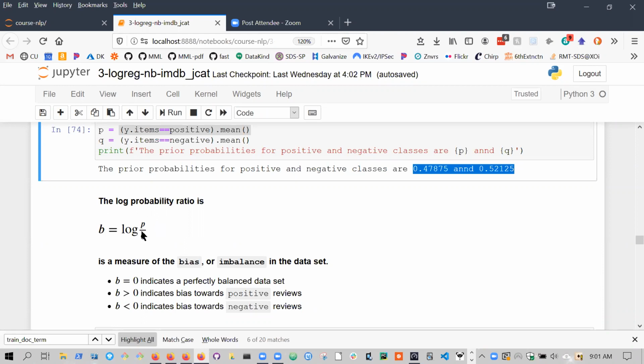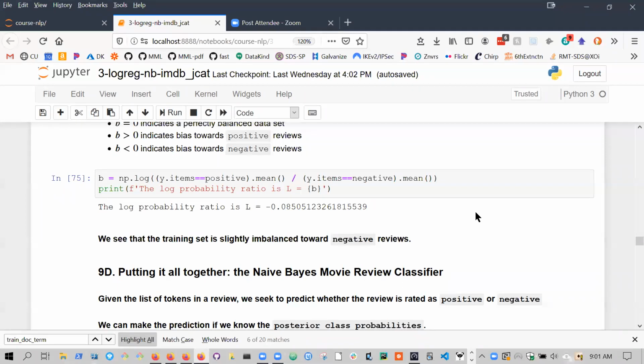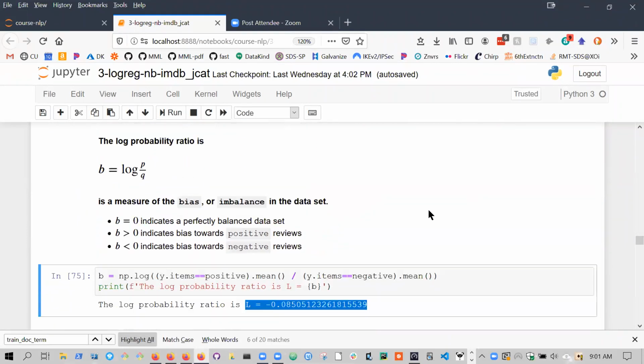If Q is greater than P, then P over Q is going to be less than 1. And then the logarithm of a number that's less than 1 is going to be negative. And so B would be less than 0. So B indicates the bias in our data set. And if we actually compute it for our data set, it's going to be minus 0.08. So it's slightly biased towards negative reviews.